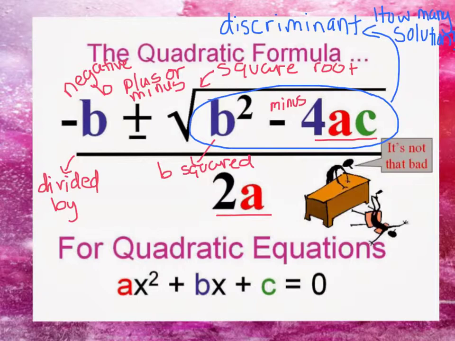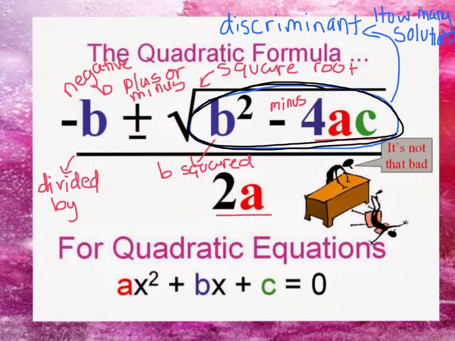Because if we know how many solutions it has, then we can kind of double check to make sure that we have that number of solutions at the end of using the quadratic formula, or using a factoring method, or a square root method, or graphing. And the part that I circled, the discriminant, is also the part that you want to simplify first.